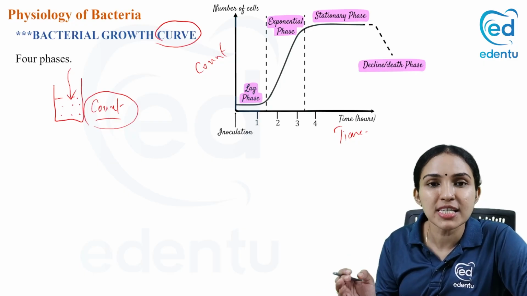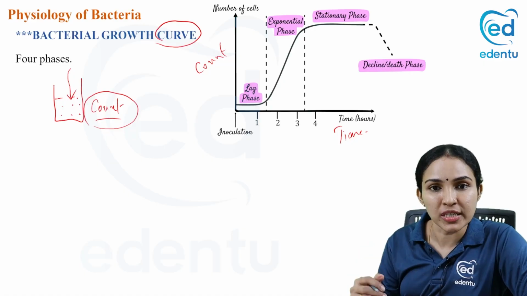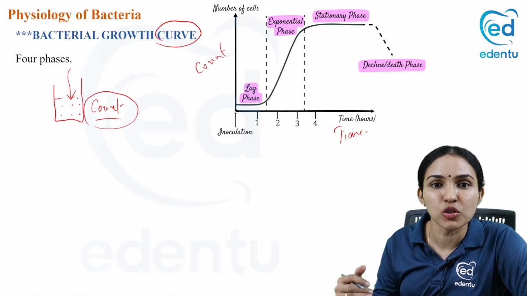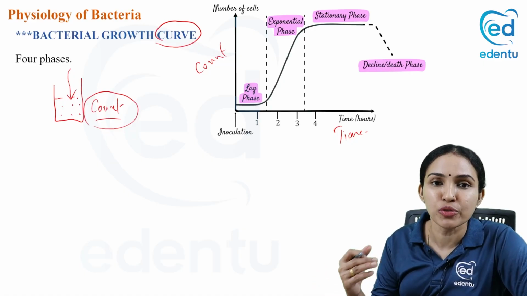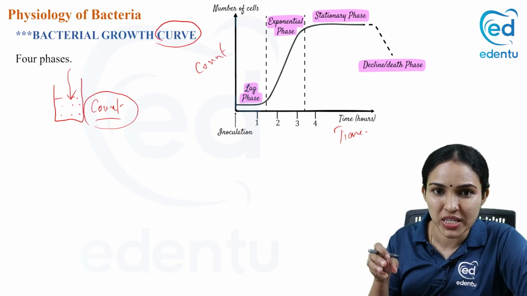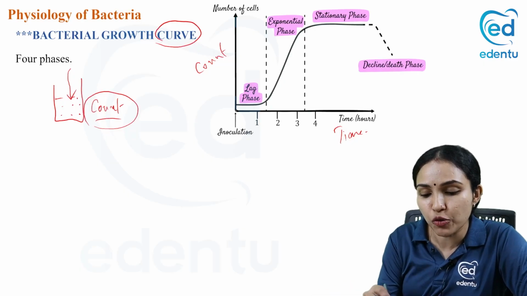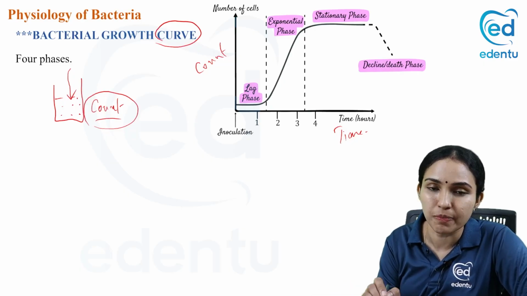So when bacteria is inoculated in a liquid culture medium, it will follow a definitive course of growth. How can you note that growth? You can calculate the number of bacterial cells present in this culture at regular intervals of time, and if you plot it in a graph, you get a bacterial growth curve.